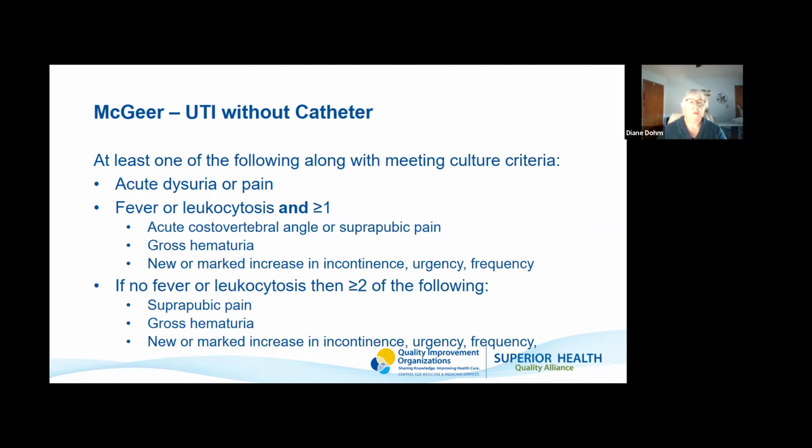If you have no fever or leukocytosis, then you have to meet greater than or equal to two of the following: suprapubic pain, gross hematuria, or the new or marked increase in incontinence, urgency, and frequency.